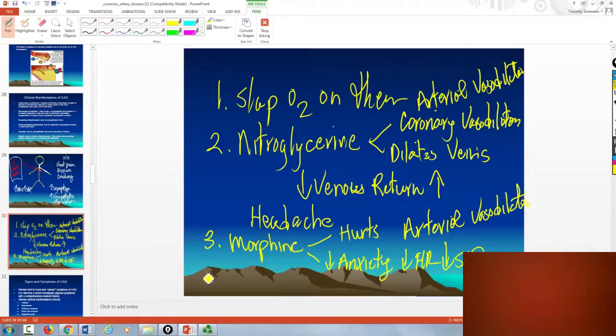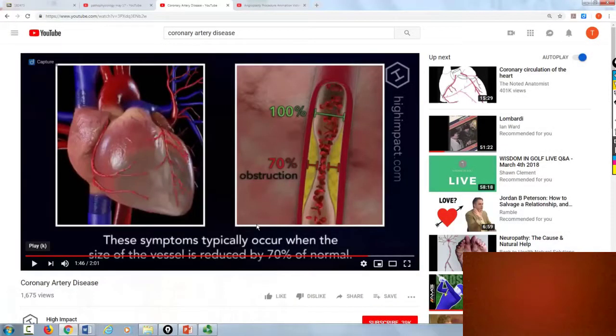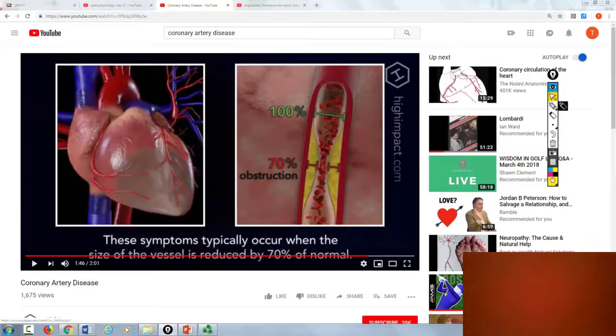Now, if we go back real quick to why this clot was formed, hang on, right?